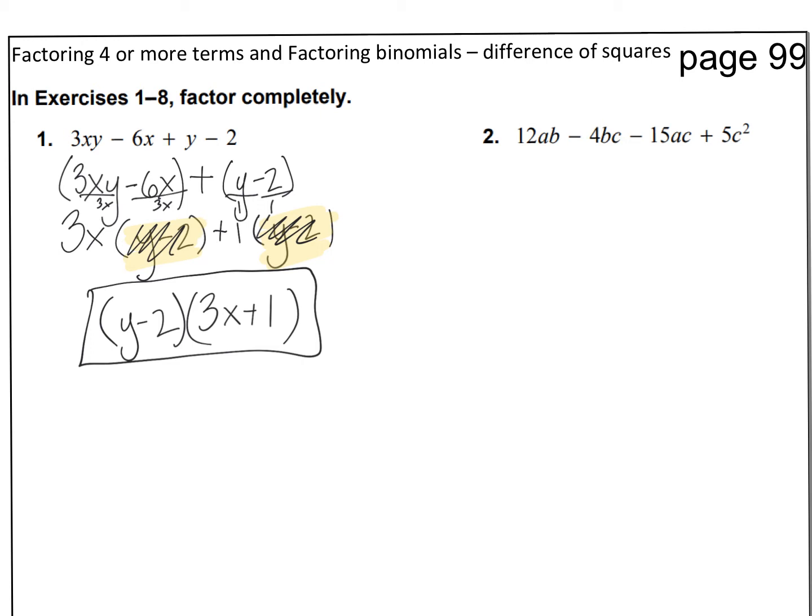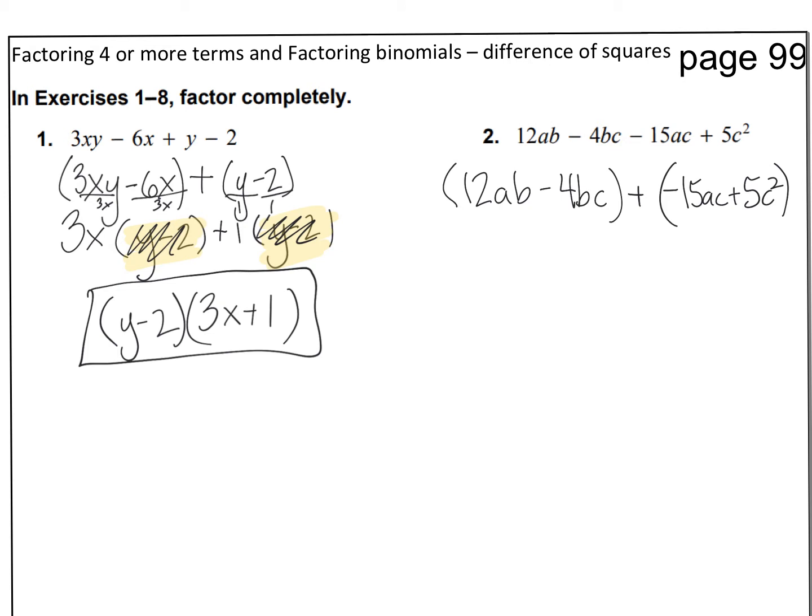Okay, moving on to number 2. I have 4 terms, so I'm going to group the first 2 terms together, put a plus sign, and group the last 2 terms together. Next, we'll look for the greatest common factor in each group.